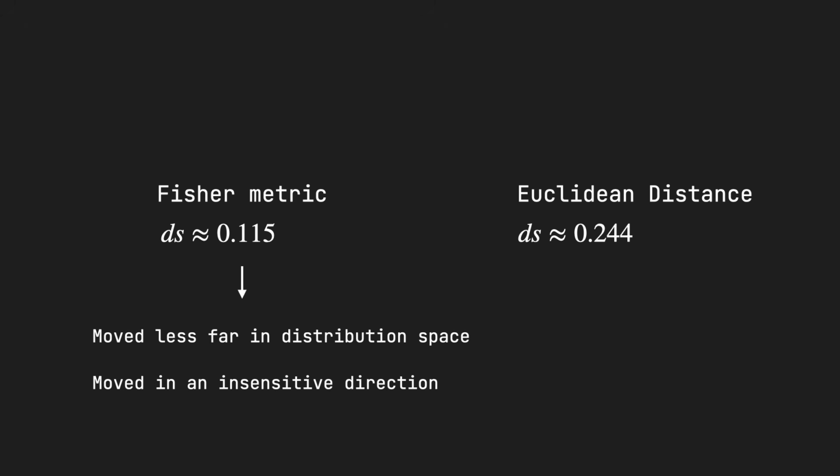So what the Fisher metric is telling us is that we moved less far in distribution space, and we moved in an insensitive direction in our training. The Fisher metric gives me much more valuable information about what's happening in our training space.